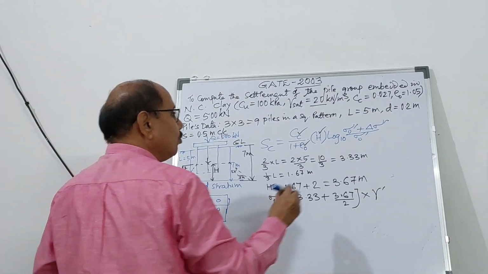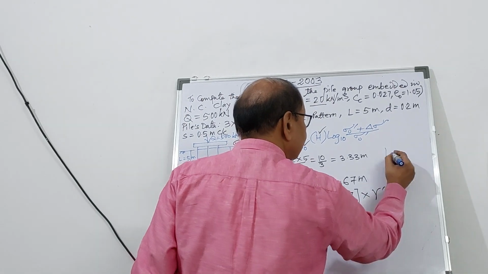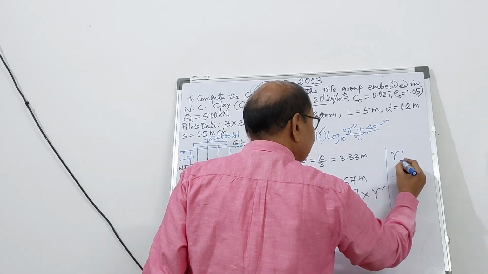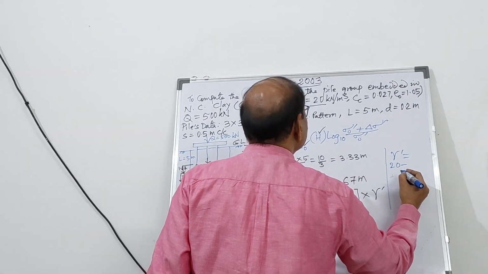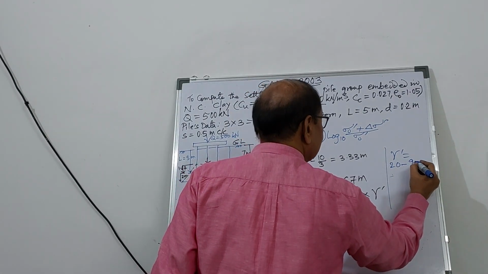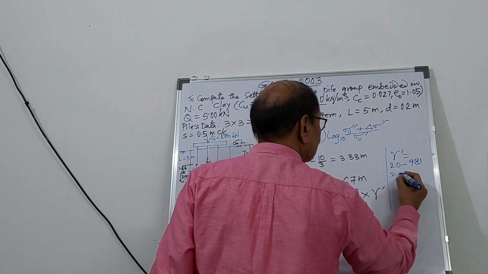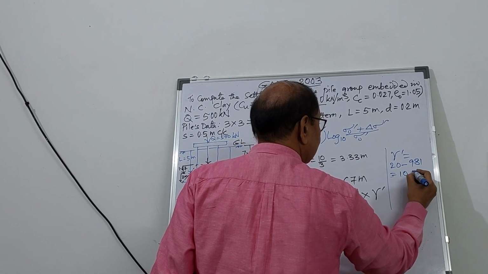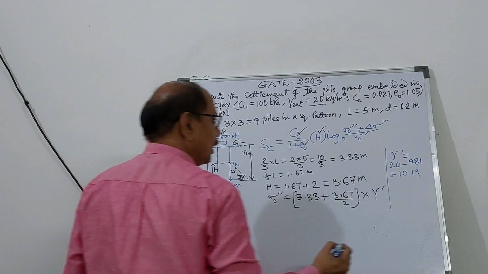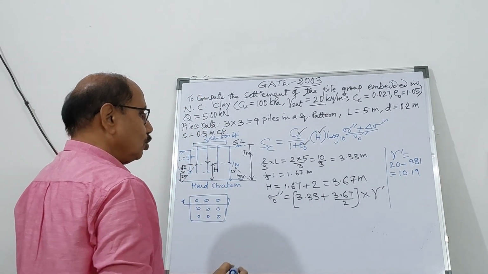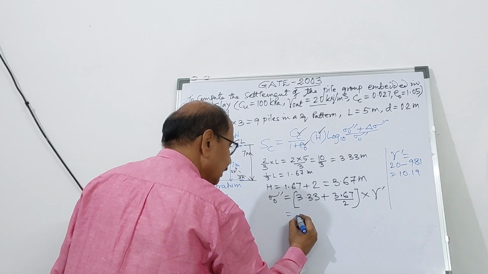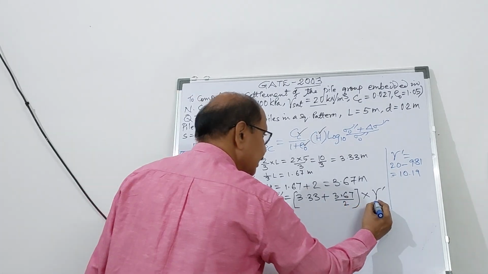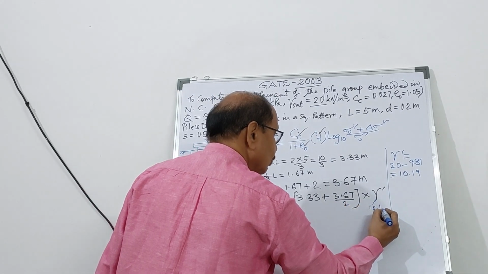So I can find out the value of gamma prime will be 20 minus 9.81. So this is going to be 10.19 kilonewton per cubic meter. So I can calculate it very easily. This becomes 10.9.